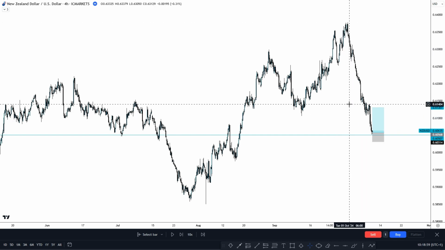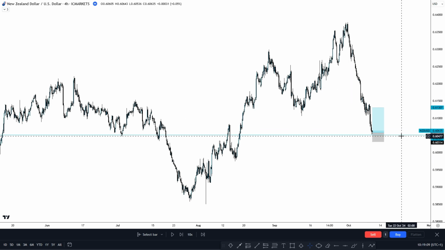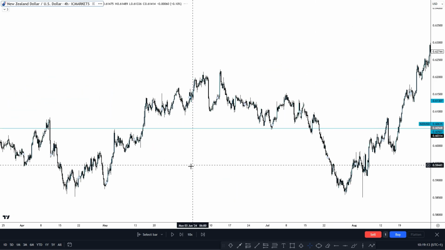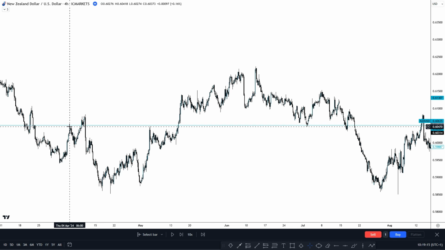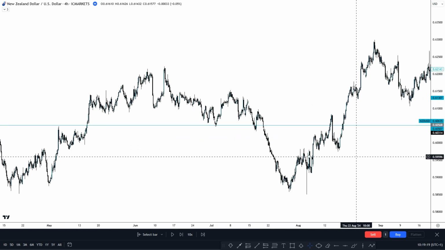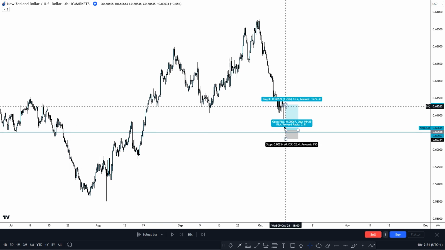Because of that, I expected there to be some profit taking on New Zealand dollar alongside the dollar itself getting weak. This level here was the 0.6050 round number, and if you look to the left here, you've had a reaction.